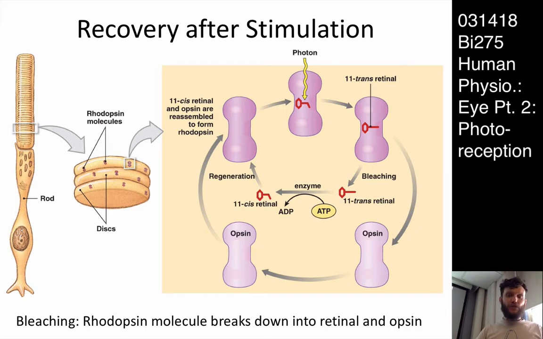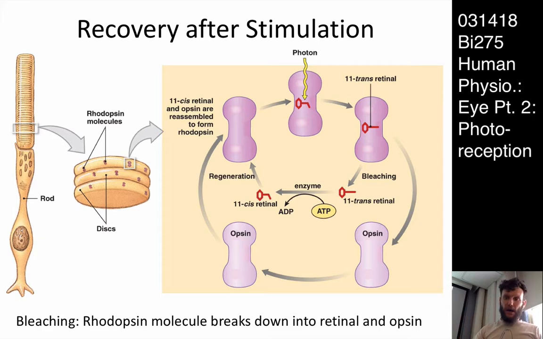So transretinal, what's really happening here is 11-cis retinal absorbs the photon, isomerizes, and in its isomerized form, it's no longer able to associate with opsin, so it dissociates off of it.